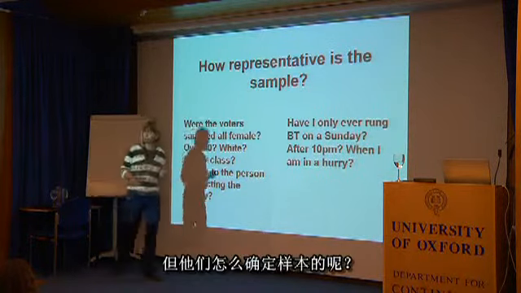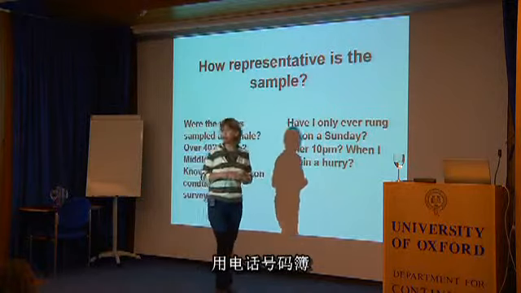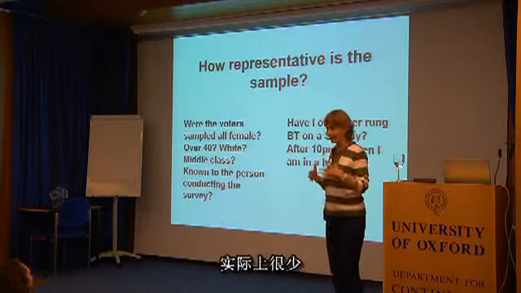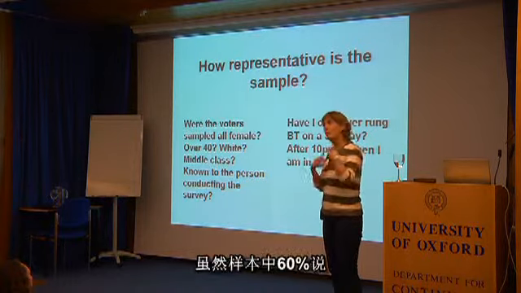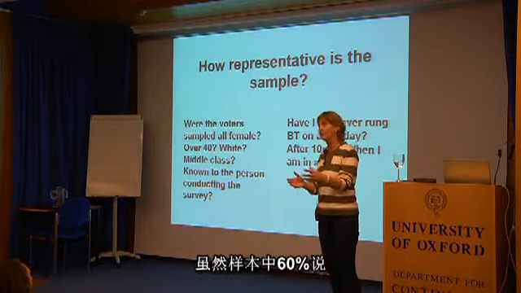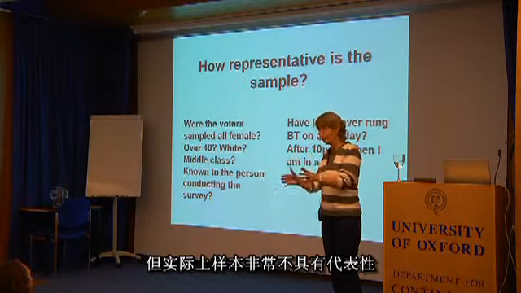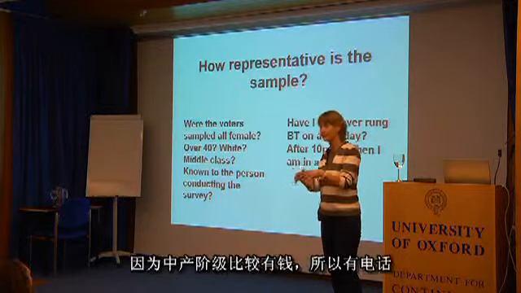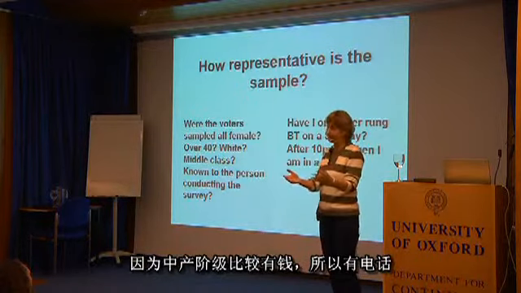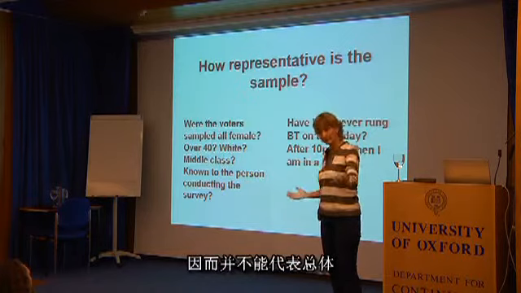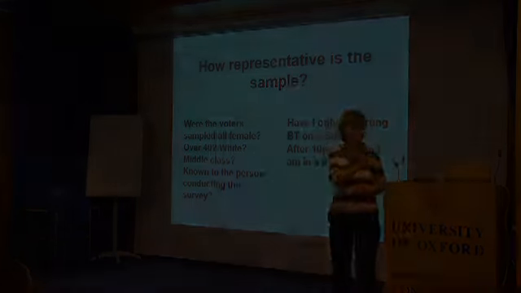But how did they find the sample? They looked in the telephone book. How many people had telephones then? Actually, very few. So although 60% of the sample said that they would vote for Landon, actually the sample was horrendously unrepresentative because it was middle-class people with a fair amount of money who had telephones. And therefore it didn't represent the population as a whole.